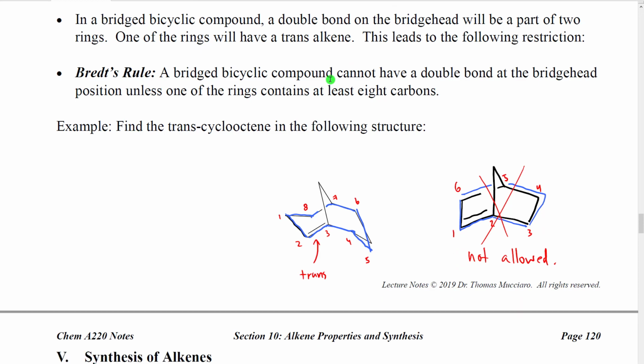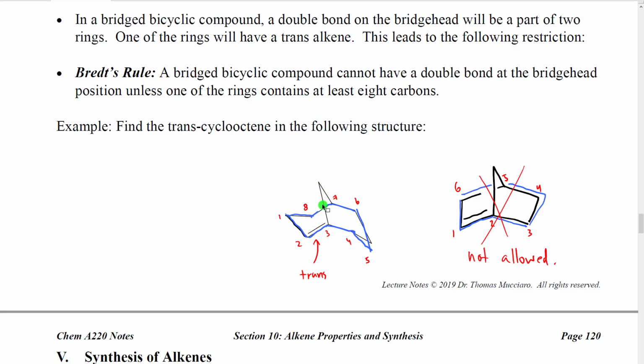When we look at a bridged bicyclic compound, we run into problems because bridged bicyclic compounds actually have within them 3 different rings of carbons that can be identified. Here's an example. For the time being, ignore this sketching and tracing here and just follow my cursor. If we look at this molecule, we have one ring that starts here, goes here, here, up over the top, back down to this side, over to here, and back to where we started.